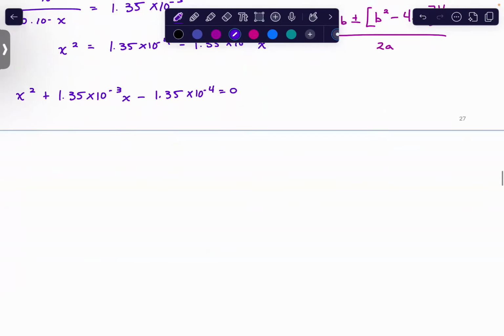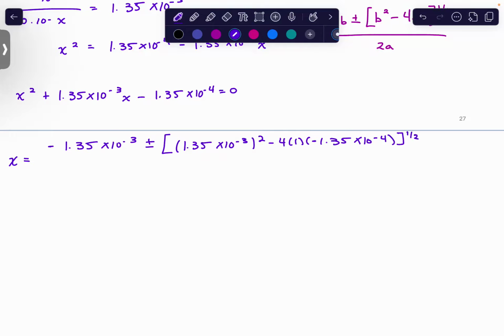Okay, the way this is going to look. So you go through this calculation, you do it both times.